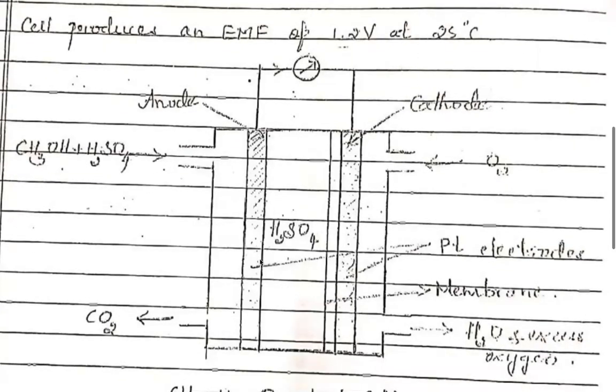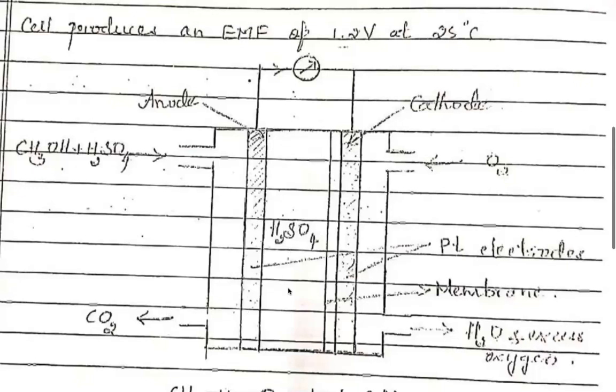But if I use NaOH, carbon dioxide can react with the alkali and get precipitated in the form of carbonate. If it precipitates as carbonate, how do I remove that precipitate from the system? It becomes very, very difficult. Whereas if I use H2SO4, carbon dioxide just leaves in the form of gas and can be easily removed.